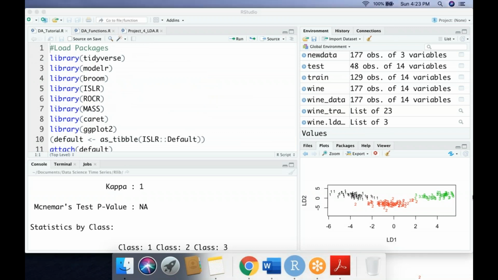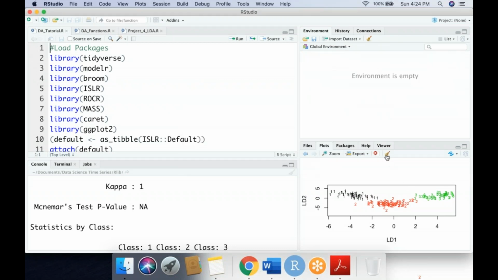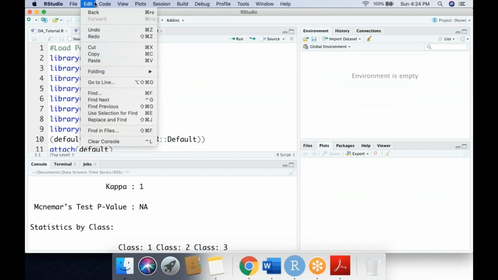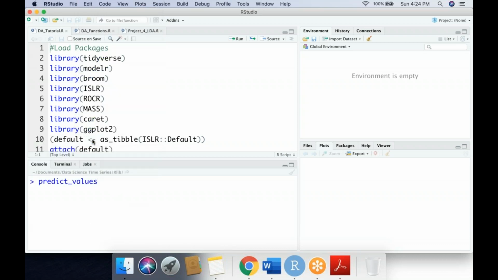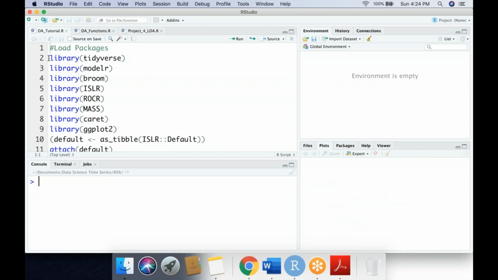Meanwhile, I think some of the libraries might not be available to you, so let me clear my environment variables because it has already become cluttered. What I'll request is that you install some of these packages which might not be available to you.